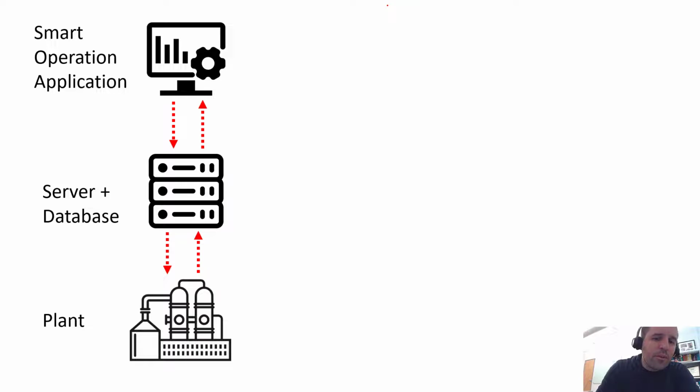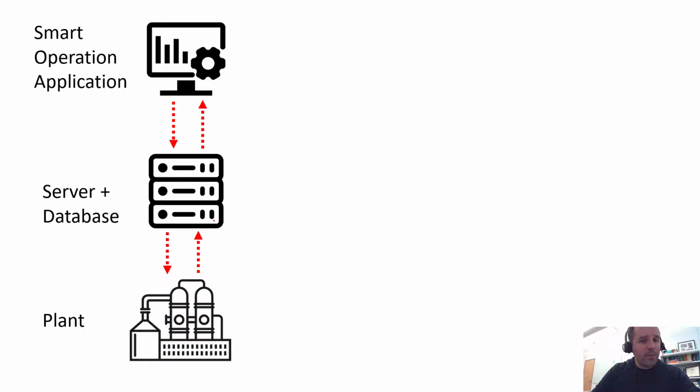So you're going to take information from your plant via different sensors. You would store those in some kind of a database. Then you might have this smart operation application that is pulling that information from your database, doing this advanced processing stuff, which we're going to cover in future modules. These smart operation applications can figure out, okay, based on environmental conditions and based on the way my process has been running, I'm going to solve for optimal operation.